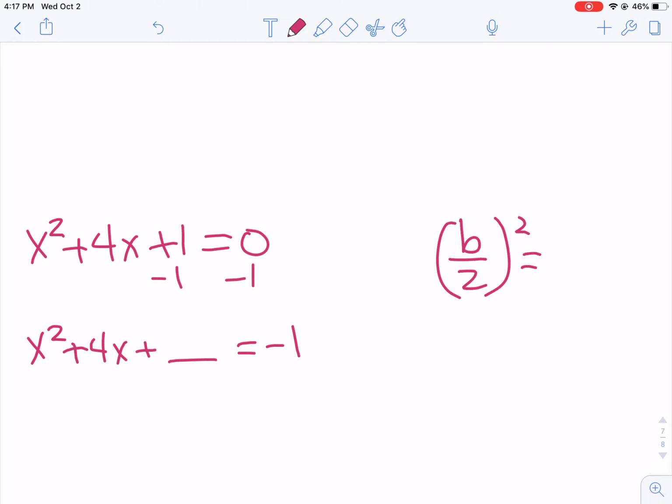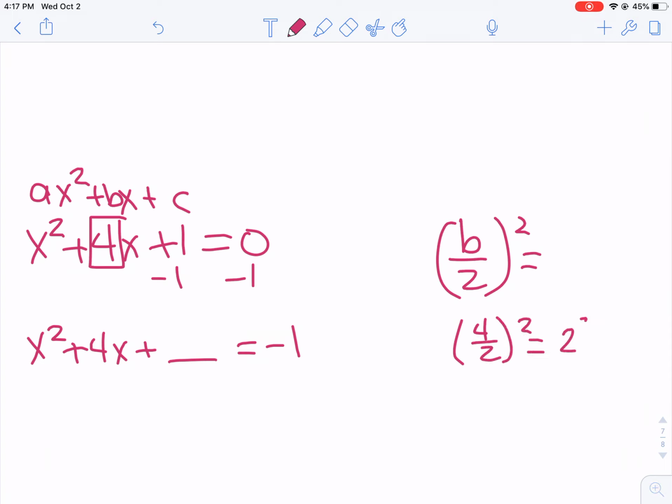Well, b, remember when we're in ax squared plus bx plus c, b is this middle term here. So b is 4. So I'm taking (4 divided by 2) squared. So that's 2 squared, which is 4. Okay? And what you're going to do is add that value to both sides.